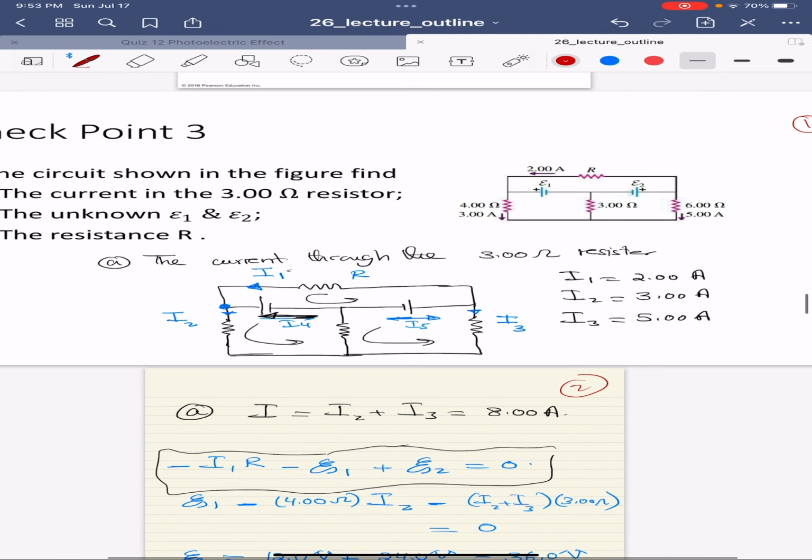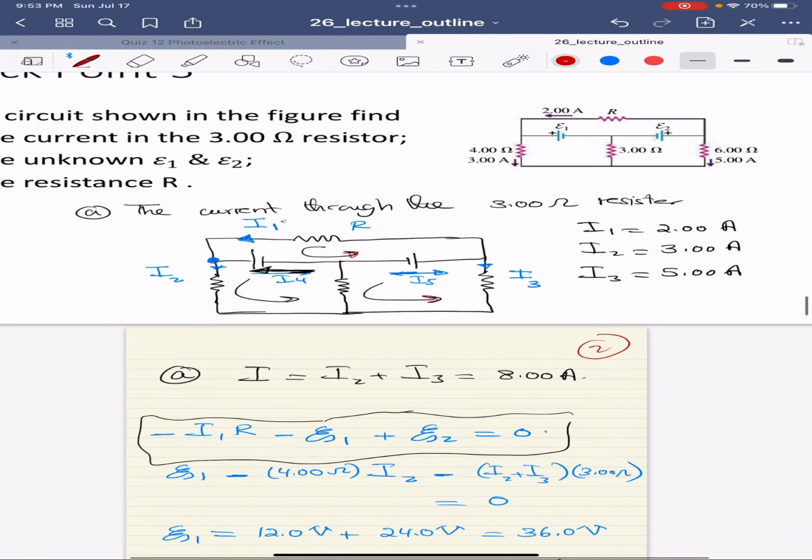Now I can do the following here. I redraw the circuit, and I said this is going to be my direction of sweeping the circuit.